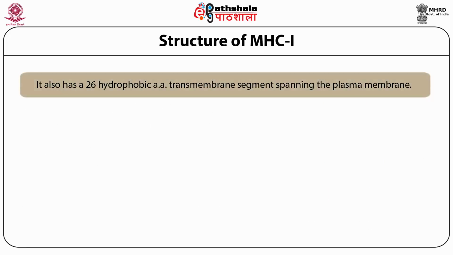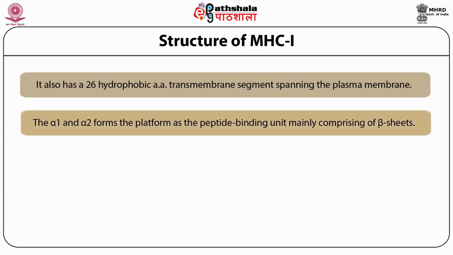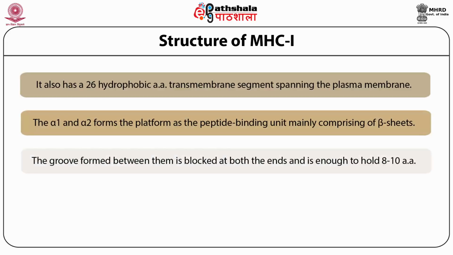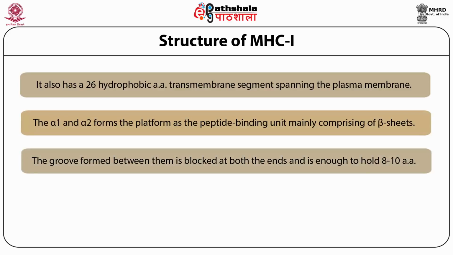It also has a 26 hydrophobic amino acids transmembrane segment spanning the plasma membrane. The alpha 1 and alpha 2 form the platform as the peptide binding unit, mainly comprising the beta sheets. The groove formed between them is blocked at both ends and is enough to hold about 8 to 10 amino acids.